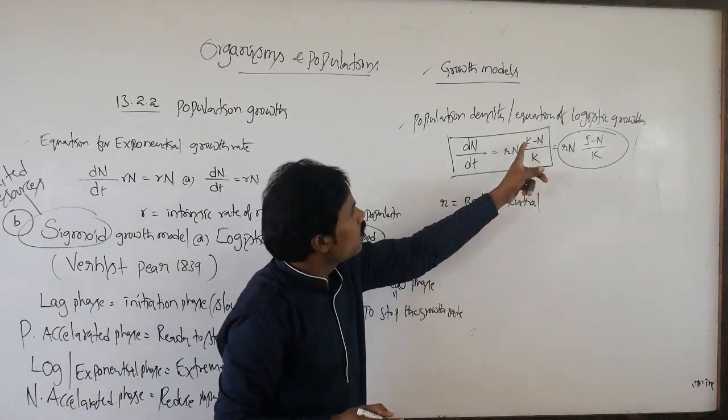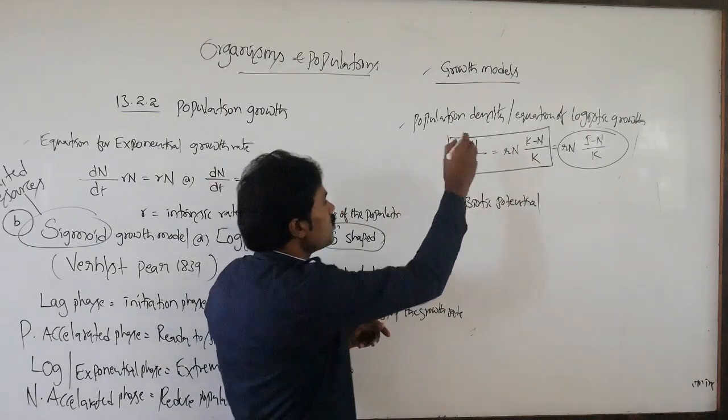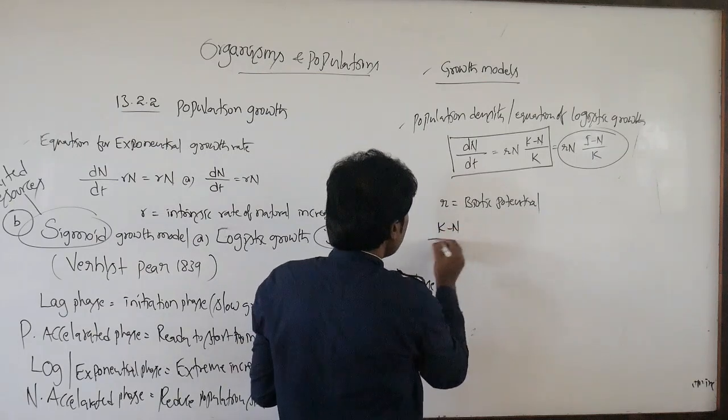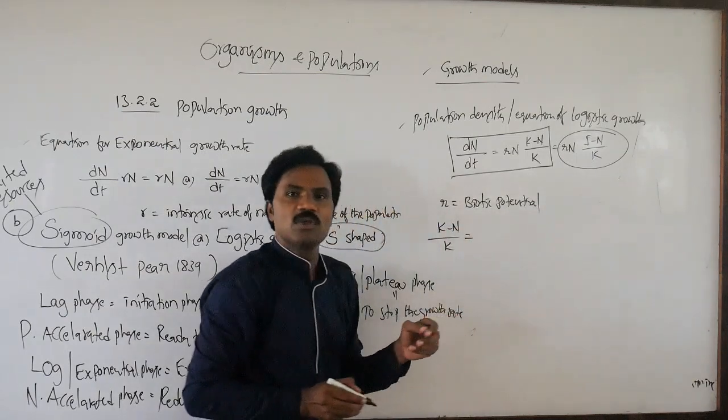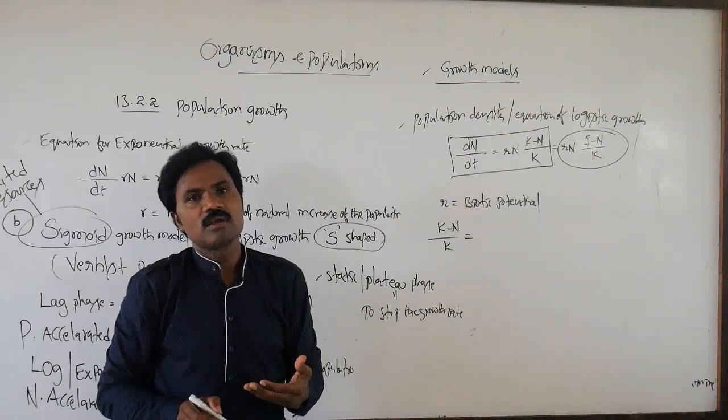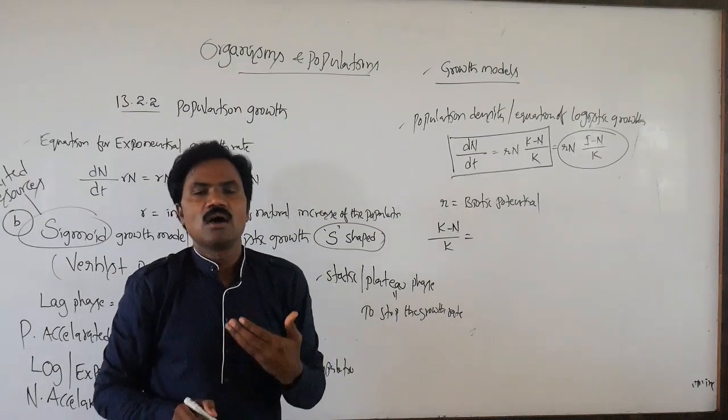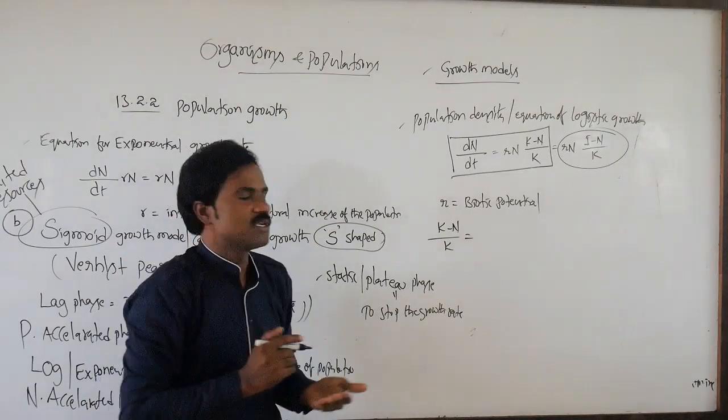Then related to (K - N)/K, it represents environmental resistance.